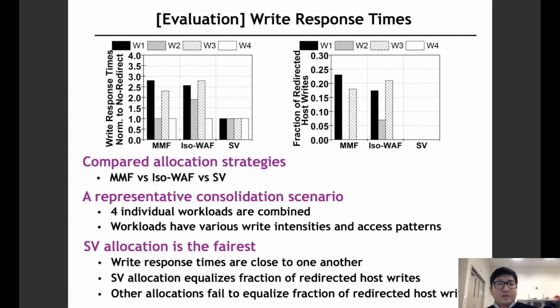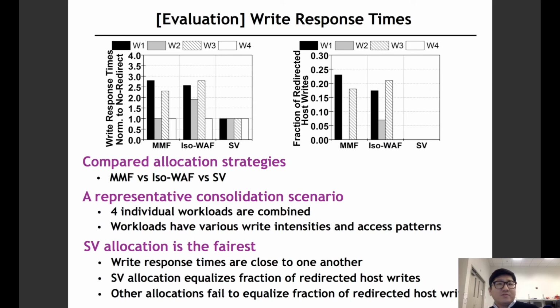Here, we show one representative consolidation scenario where four individual workloads are combined. Individual workloads have different write intensities and access patterns. The left graph shows write response times of the four individual workloads under three different allocation strategies.